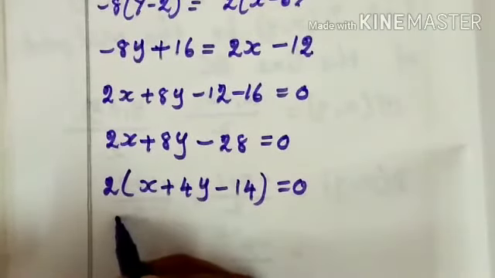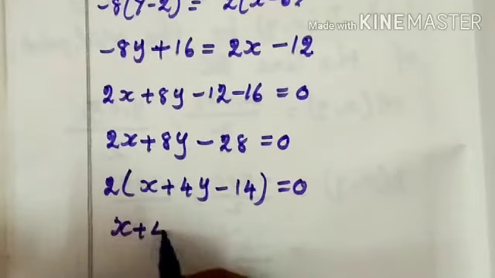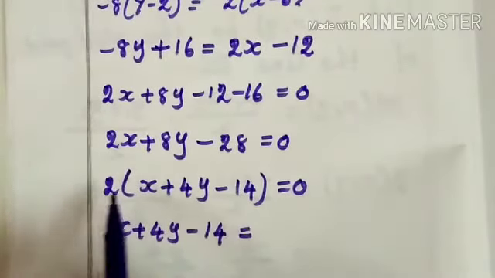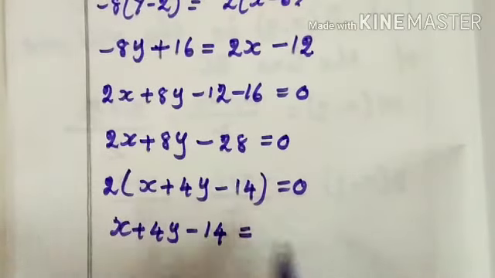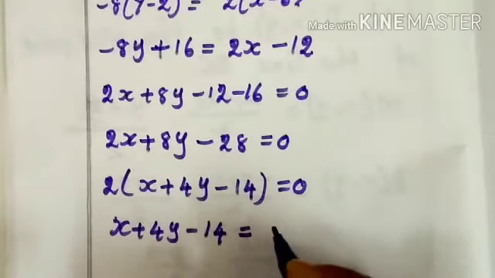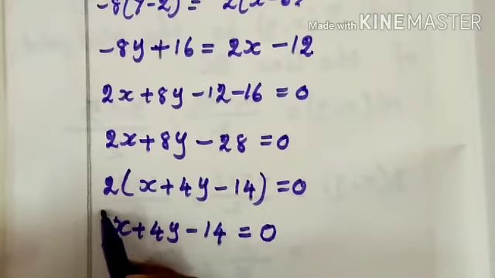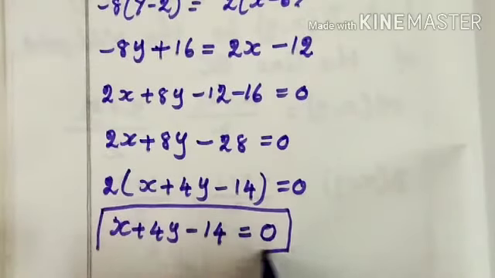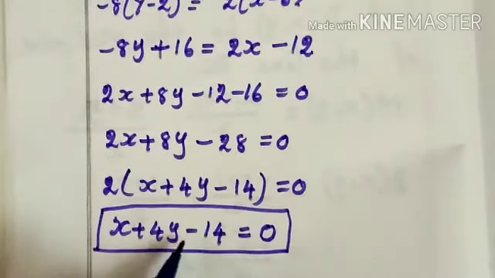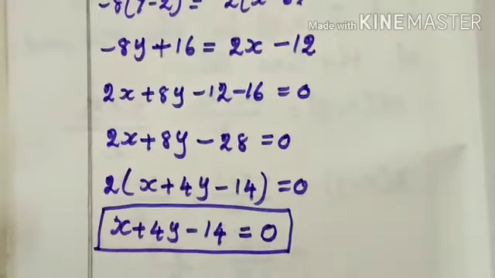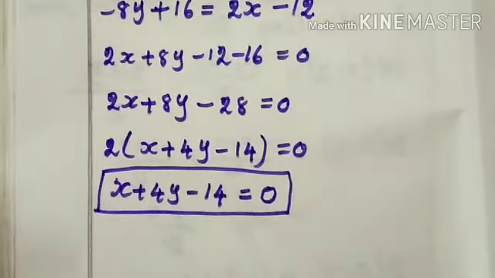Transposing this 2 after the equal, it becomes 0 divided by 2, that is 0. So the equation is x plus 4y minus 14 is equal to 0. This is the equation of the median.